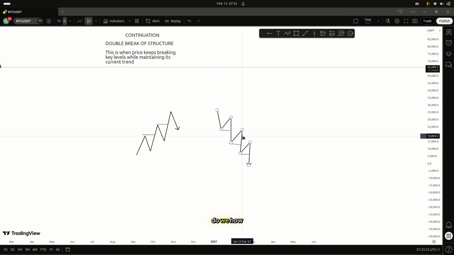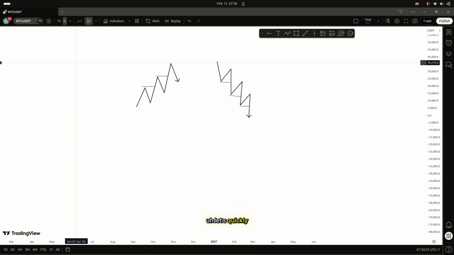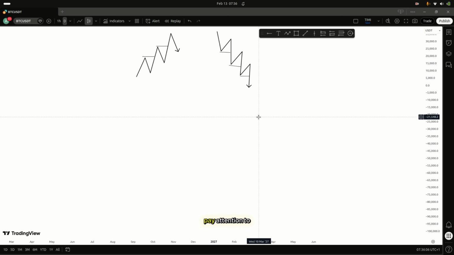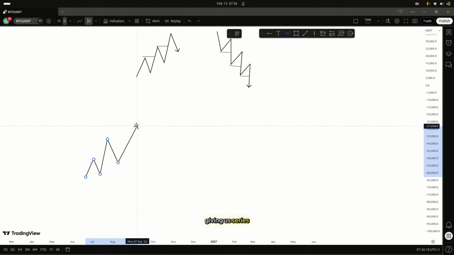But what do we pay attention to when trading the double breakout structure? So let's quickly get this off. What we pay attention to when trading this double breakout structure, assuming you came to the chart and price was previously in an uptrend, giving us a series of higher highs, higher lows, and then price broke this level, meaning that a market structure shift has just occurred.